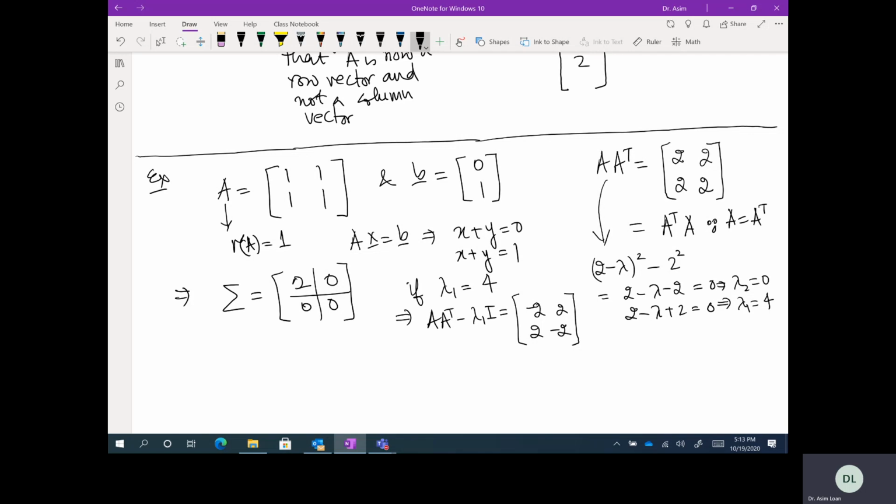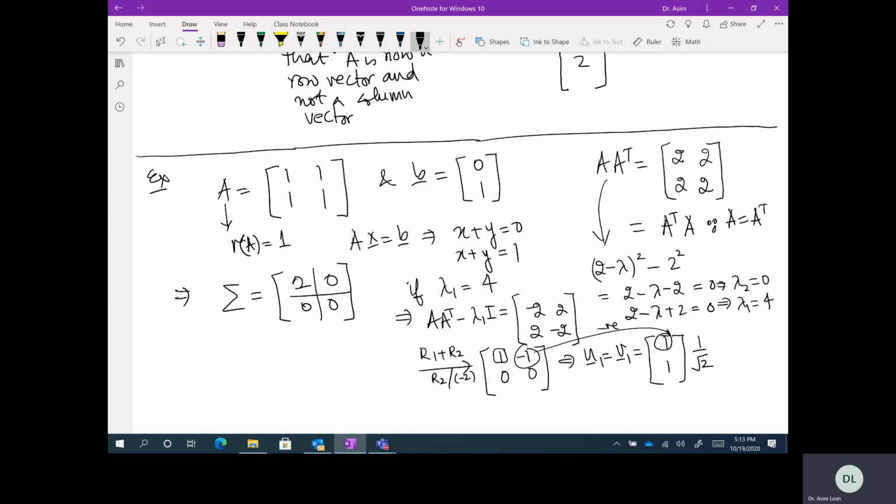I can simply add these two rows: row 1 plus row 2 gives 0, 0. Then row 2 divided by minus 2 gives 1 and minus 1. So this is my pivot, and u1, which equals v1, is 1, 1 over root 2, where the minus 1 goes here as negative.